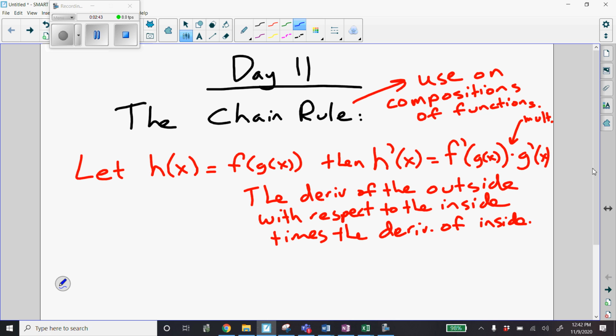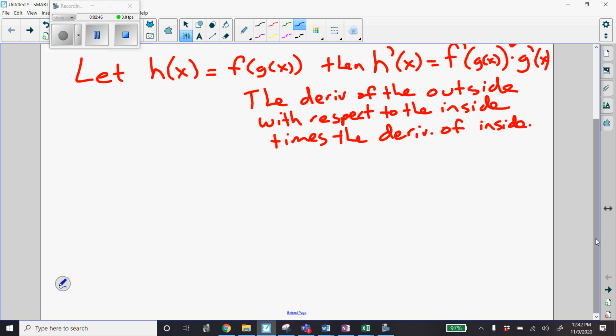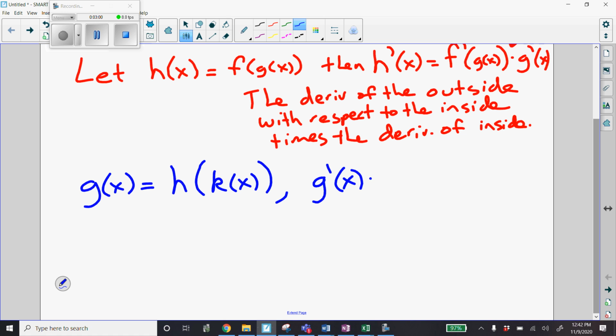So again, just to show you that equation in one more form, let's say I told you g of x equals h of k of x. Then I know g prime of x would equal the derivative of the outside with respect to the inside times the derivative of the inside.